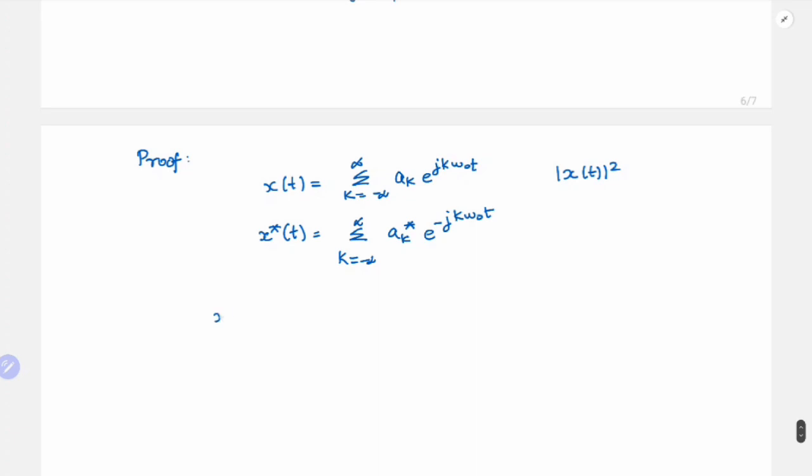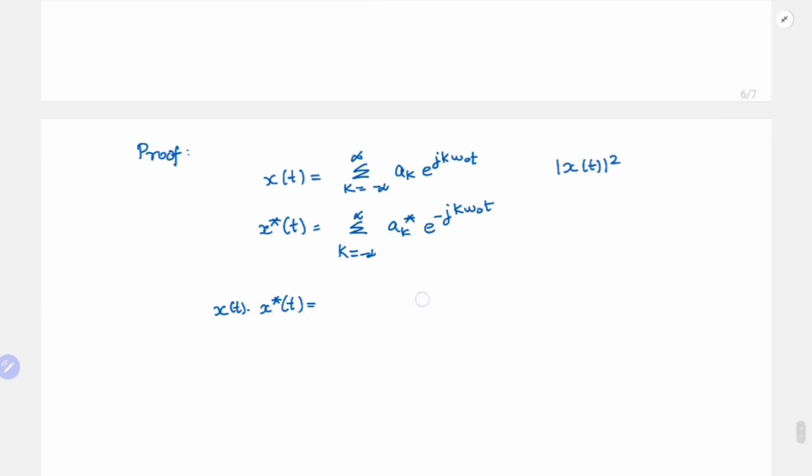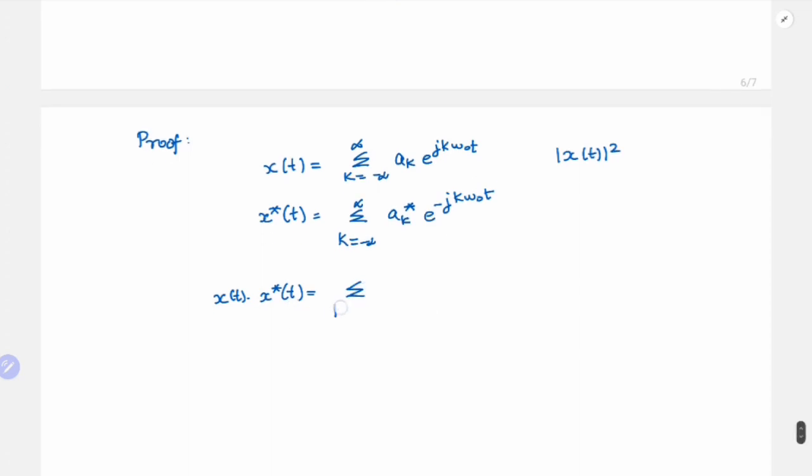And if you multiply x of t into x star of t, so we know the multiplication property, right? So we'll get summation k equal to minus infinity to infinity, summation l equal to minus infinity to infinity, al a k minus l star into e power jk omega naught t.